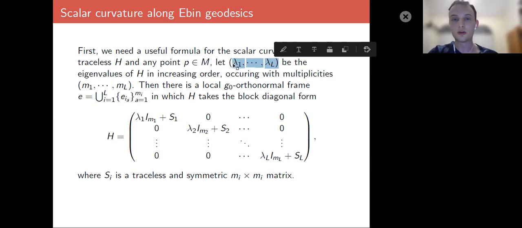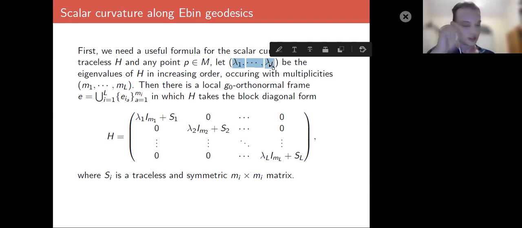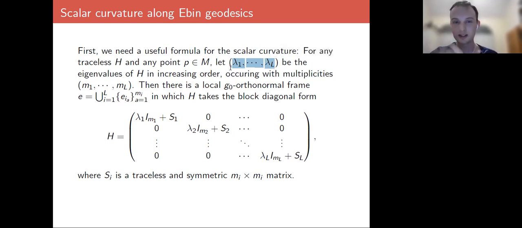So it's possible that these are not smooth; you're right, this point P could be a bifurcation. So let's just look at the point P by itself and look at the eigenvalues at that point. Now, as you say, you can't expect to smoothly find a local orthonormal frame because of bifurcations.